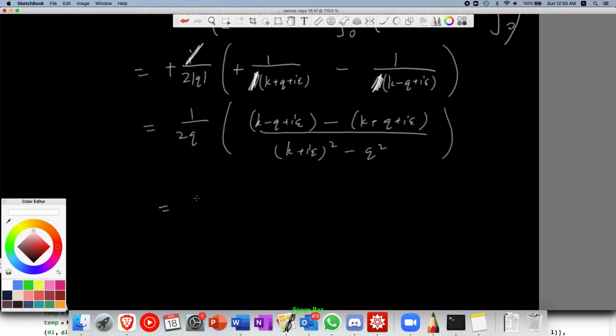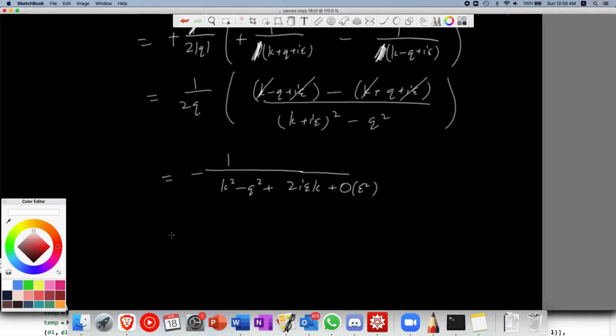Okay, we are very near the end, so this k cancels, i epsilon cancels, then we are left with minus 2q over, so we get minus 1 over, what is this? This is k squared minus q squared plus 2i epsilon k, and we ignore the higher orders of epsilon squared.